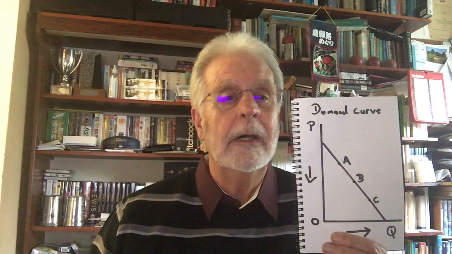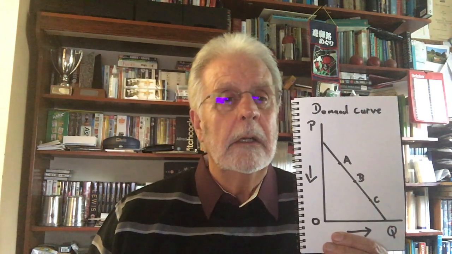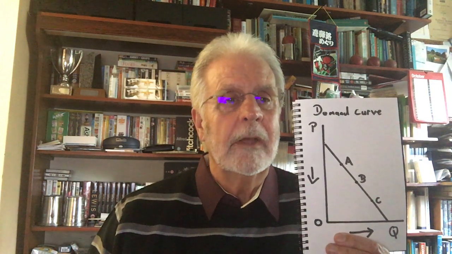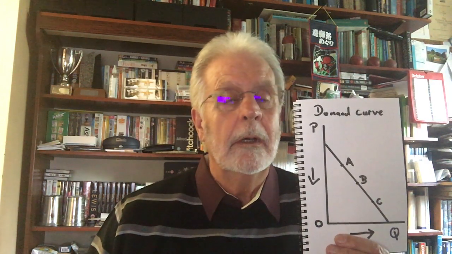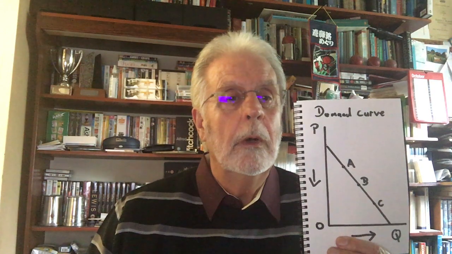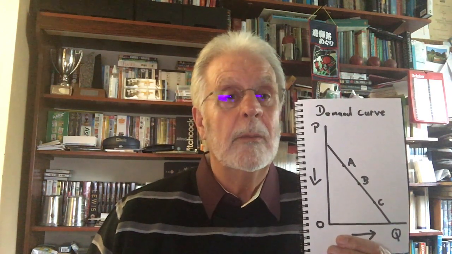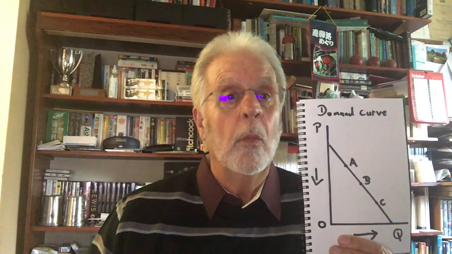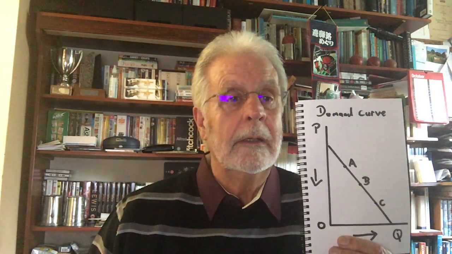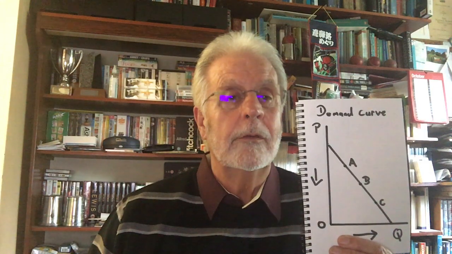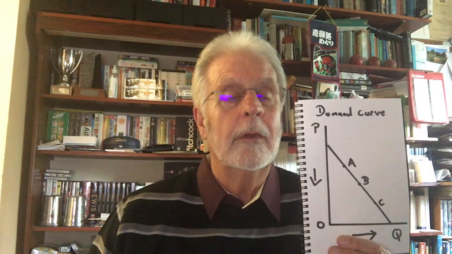If I took position A, for A I'm going to go down to the x-axis and then up to the y-axis, the vertical axis, and I'm going to get a number which is greater than 1, because A down to the horizontal axis is a further distance than A up to the vertical axis.